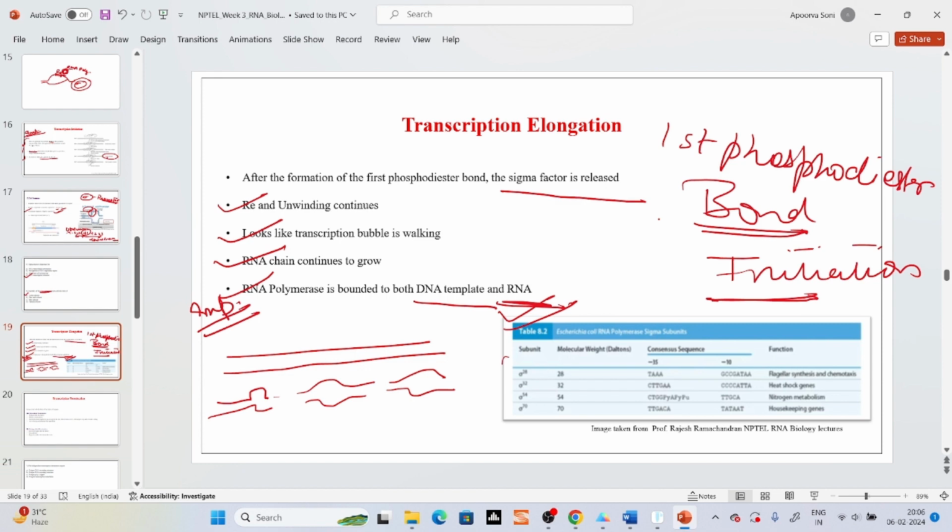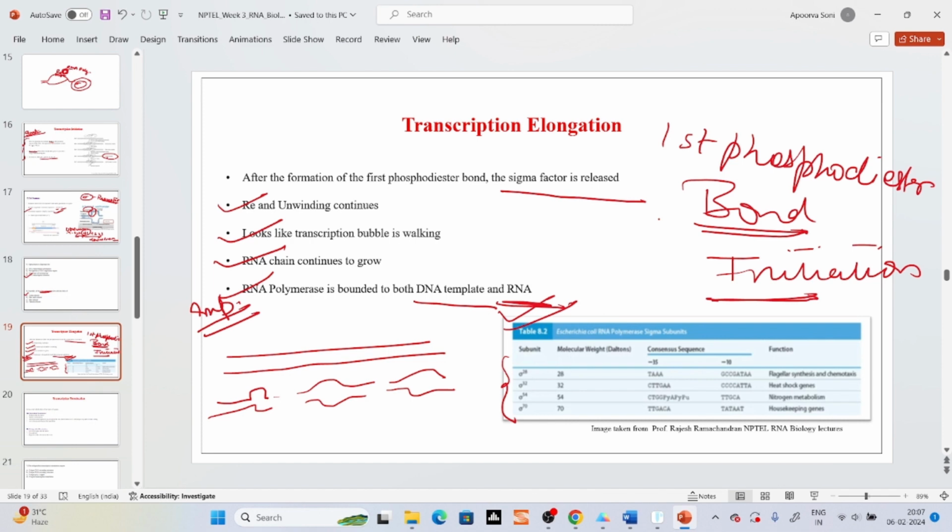Because there are different types of sigma factors. When I say that sigma factor is responsible for the recognition of the promoter sequence, that means there is not just one kind of sigma factor involved. There are actually many different kinds of sigma factors. So you can see these all are very important.